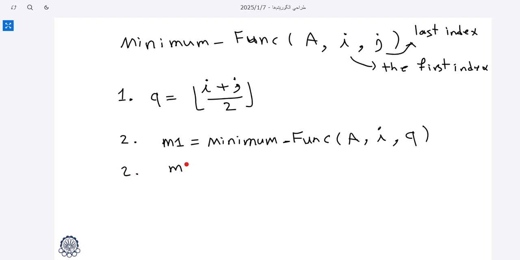Then we call the function for the second part, A, Q plus 1, and J.